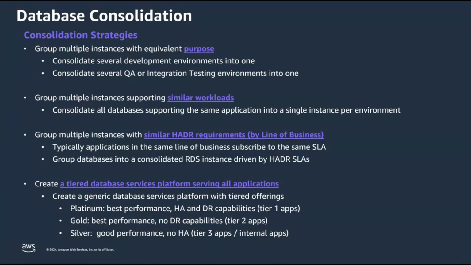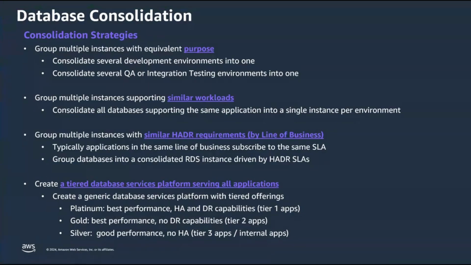An easy one is by cumulative purpose, so you can have a single dev instance, a QA, and staging, because you can turn them on and off with the same schedule. It usually works out. The other one is similar workloads, in the sense that they're supporting the same application, so you can consolidate that way. That's another approach. It's very popular.